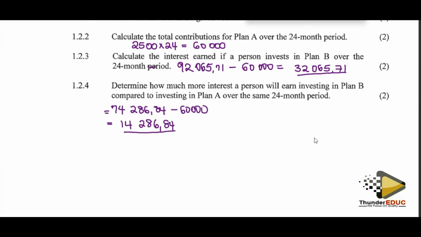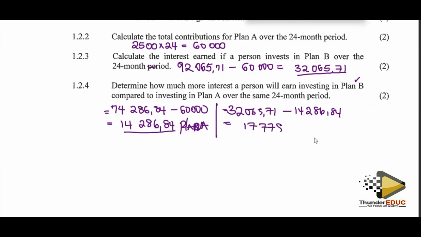They're saying how much more interest a person will earn investing in plan B. So we shall take the interest in plan A and subtract it from plan B interest, which will become 32,065 rands 71 cents minus 14,286, which becomes 17,778.87.